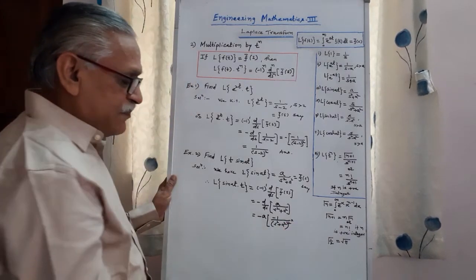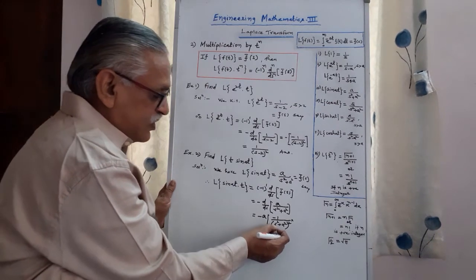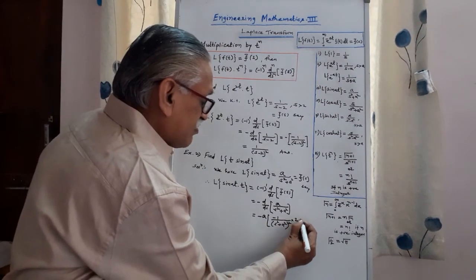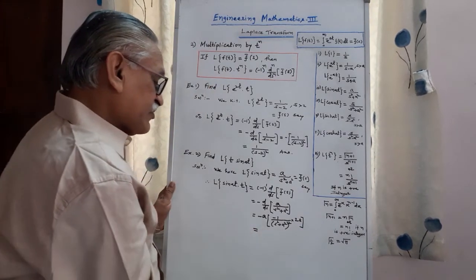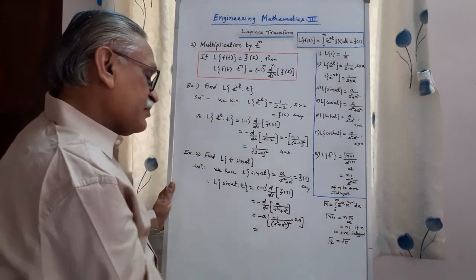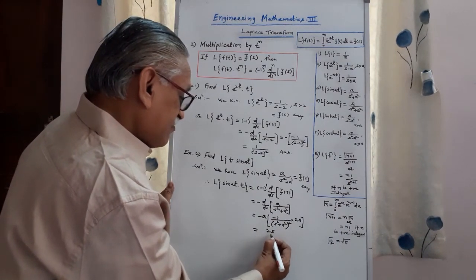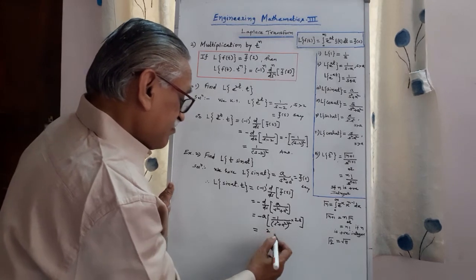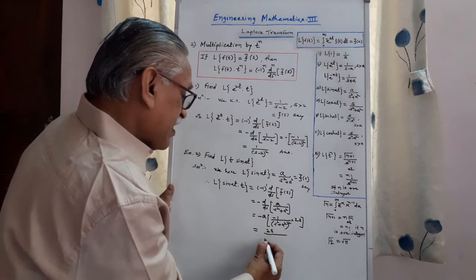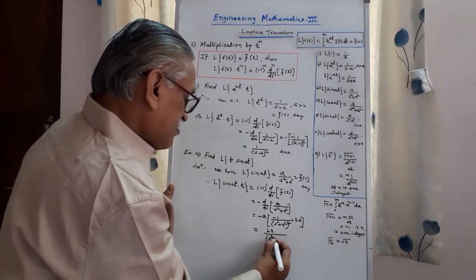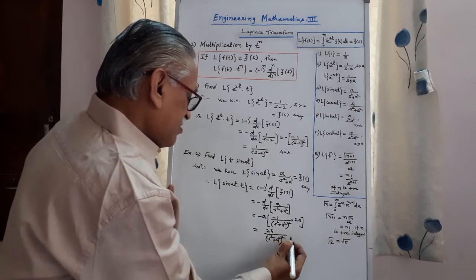As it is a function of a function, applying the chain rule, the differentiation of s square with respect to s is 2s, and therefore if you simplify it, this minus minus becomes plus 2s divided by a square plus a square whole square.